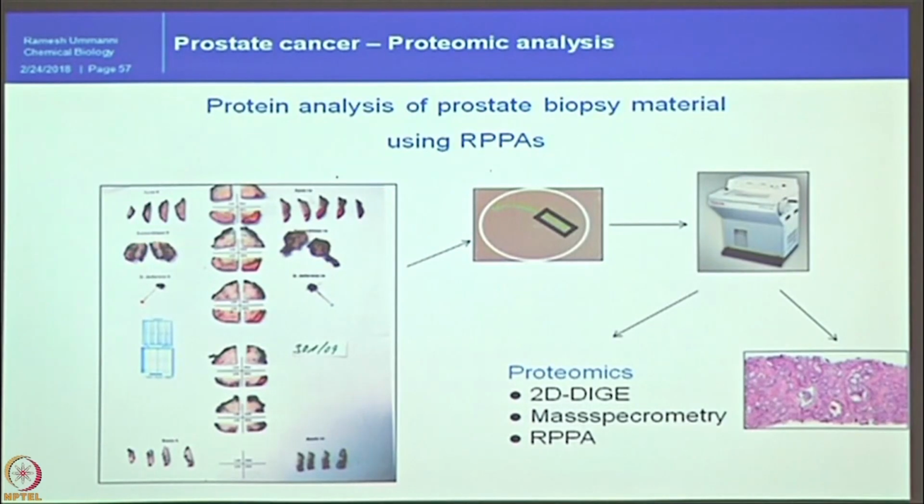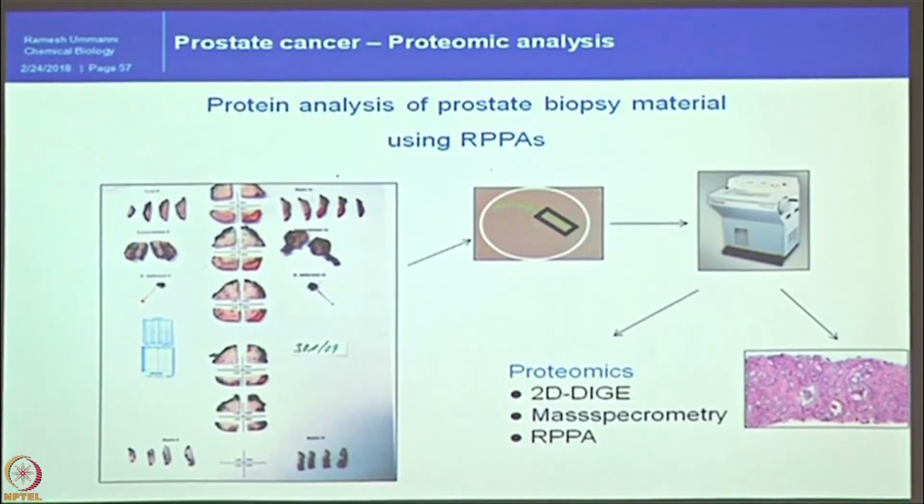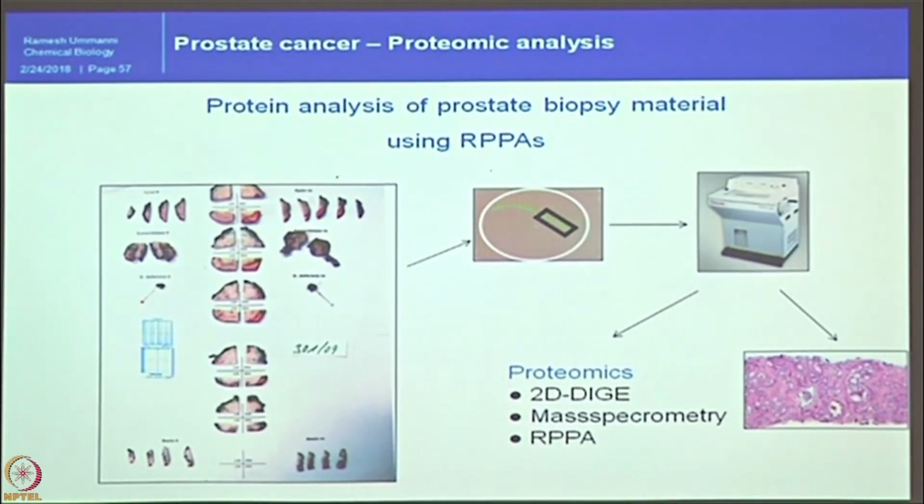We got a patient sample, and I started with the pathologist sections, did the sectioning and got the protein extracted. Ultimately I ended up with a very small core which can give 50 microgram of sample with a real tumor cell population. With 50 microgram of sample, I should identify the differentially expressed proteins, validate them, show proof that they are really differentially expressed, and then write a paper and publish to get my PhD.